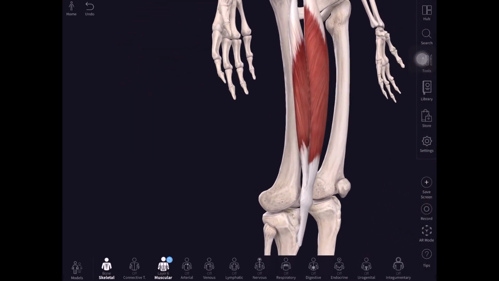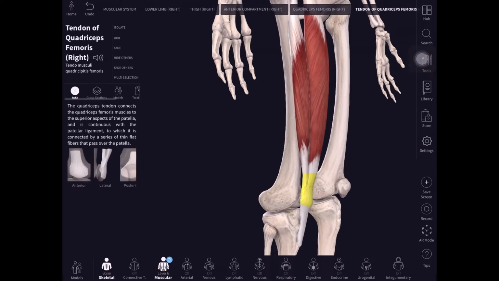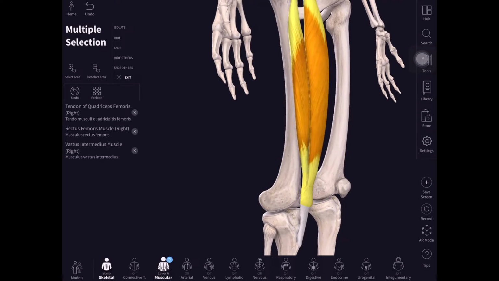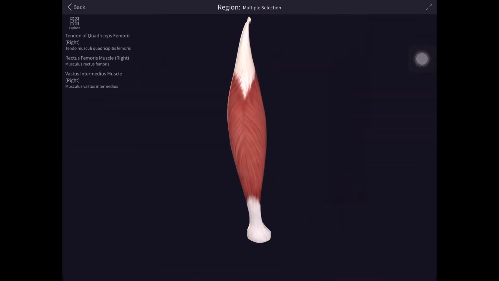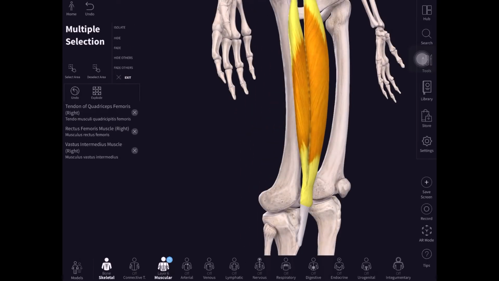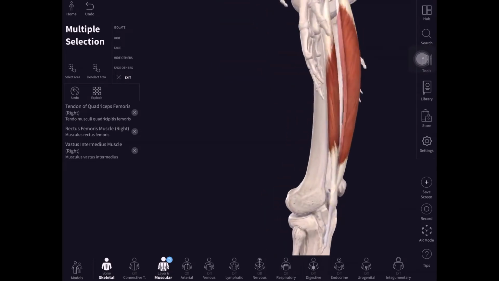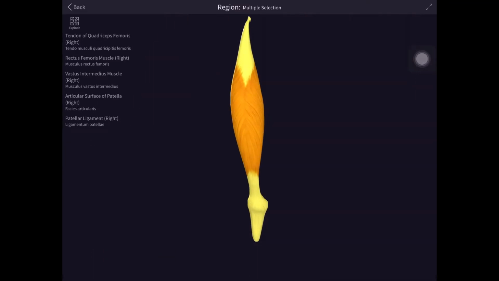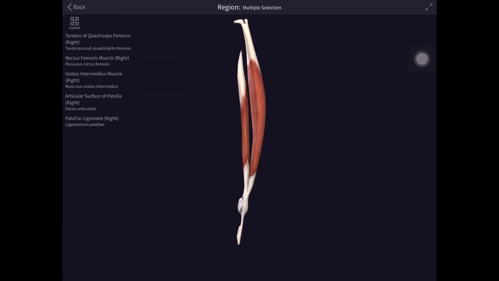If we select and isolate, you can see these are the two, and I will bring the patella along with them, and the ligamentum patellae also. So you see all of these now. This is the side view.